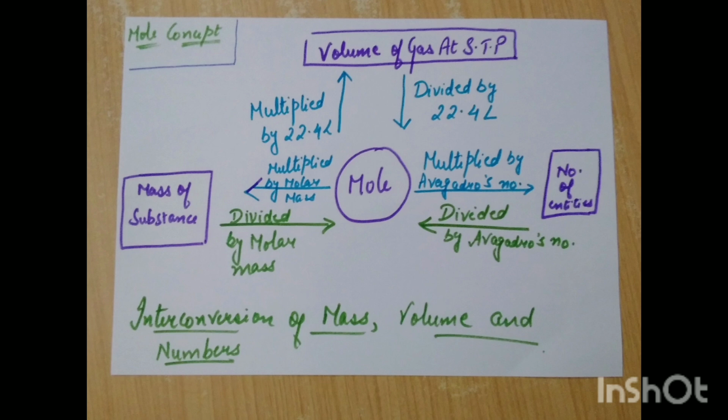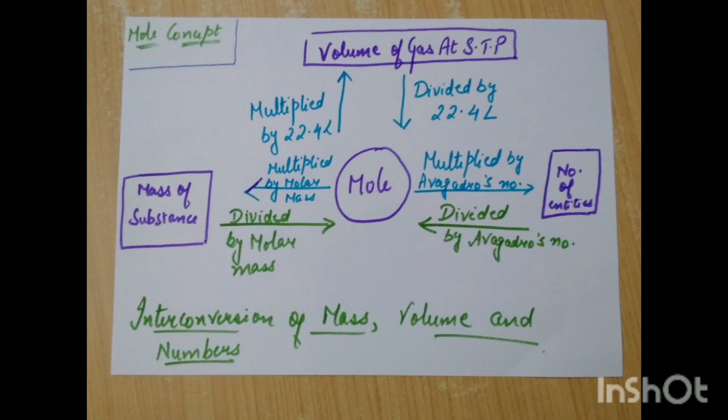Similarly, the second way to calculate the number of moles is to divide the mass of the substance by the molar mass. Molar mass is the total mass of the molecule.